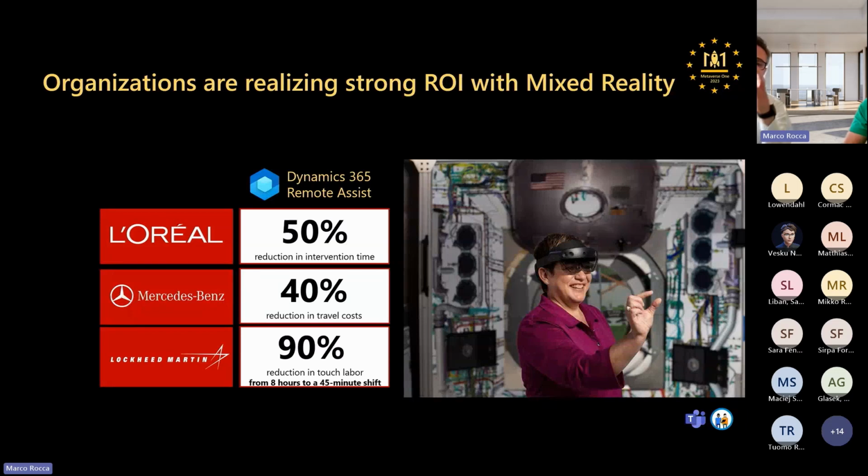So we go from the reduction in the intervention time of 50%, because we said we have the remote expert available to support people in the field without the need to move them. So, for instance, the reduction also in the travel cost.